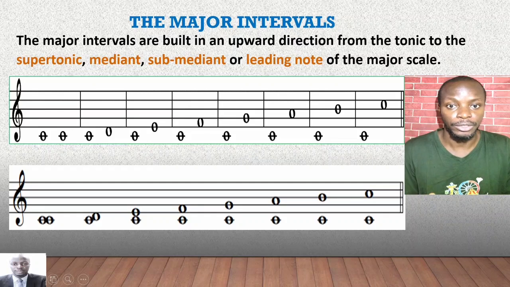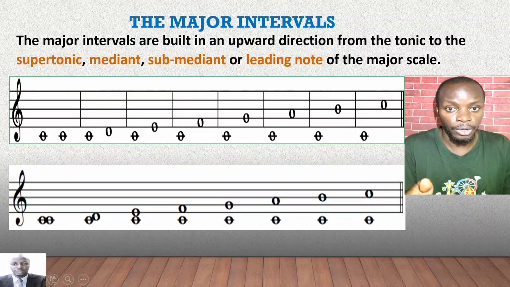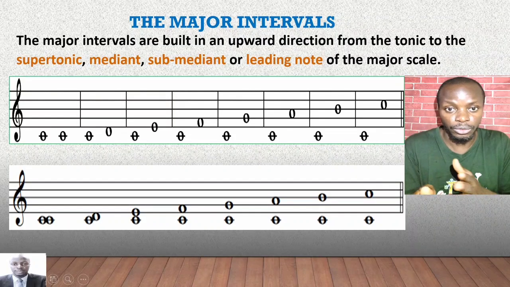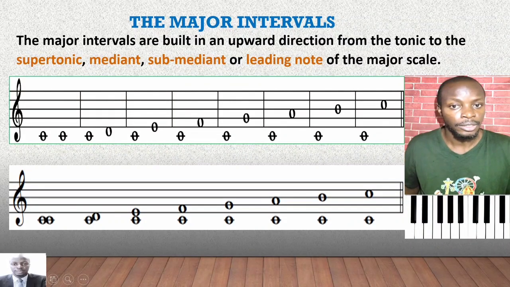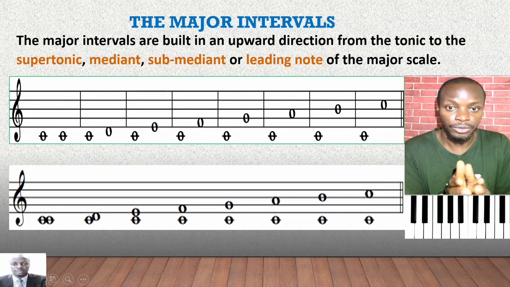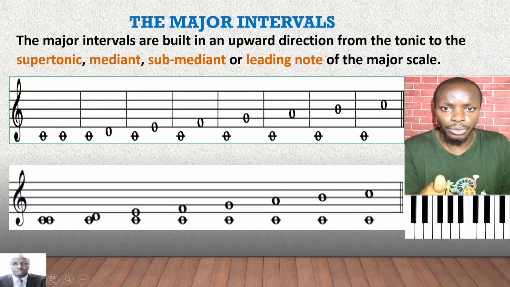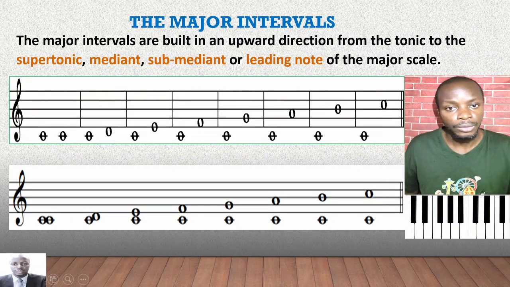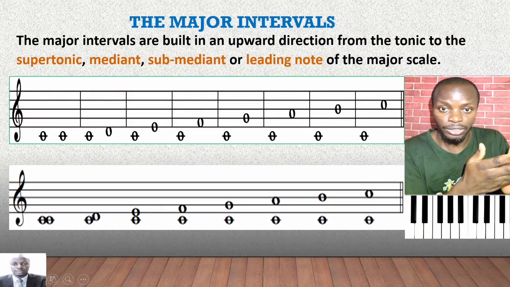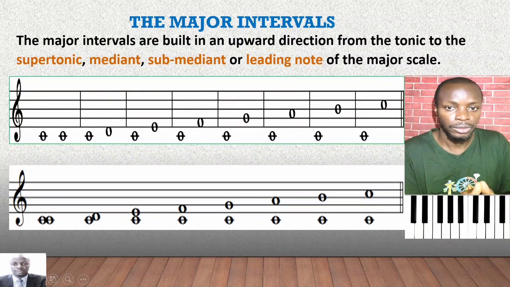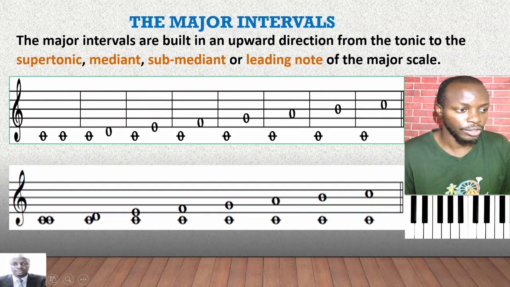If you pick up any major scale, when you build an interval between the tonic, that's the do, and re, so from do to re is a major interval, or from do to mi, which is the mediant, it's also a major interval. Or from do to la, that's a major sixth. Or from do to ti, that's a major seventh. So those are major intervals, and let's try to check some of them here.